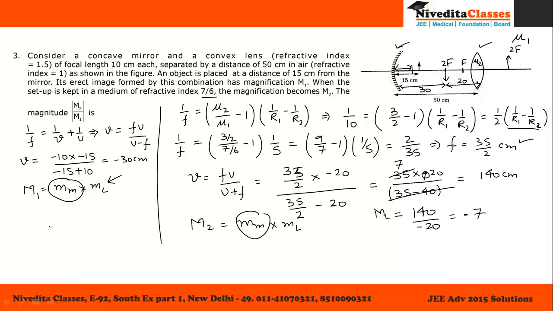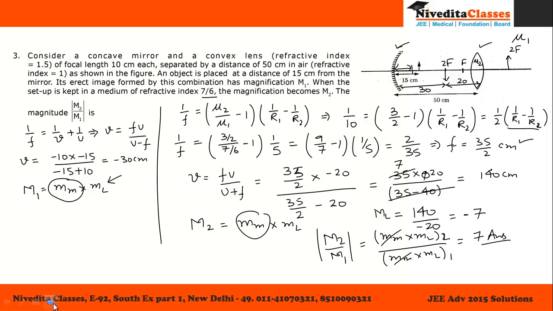So M2 divided by M1, taking the magnitude, will be equal to (m_m into m_l in case 2) divided by (m_m into m_l in case 1). The m_m on both sides cancels, and it will be 7 divided by 1. So 7 will be our answer to the problem.